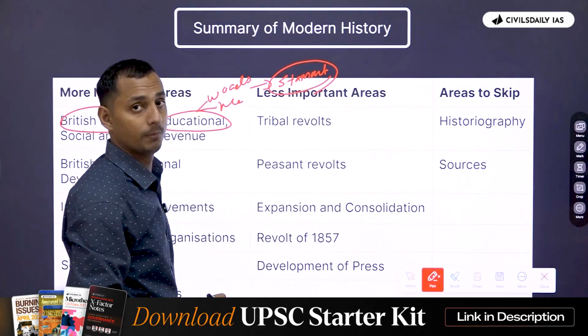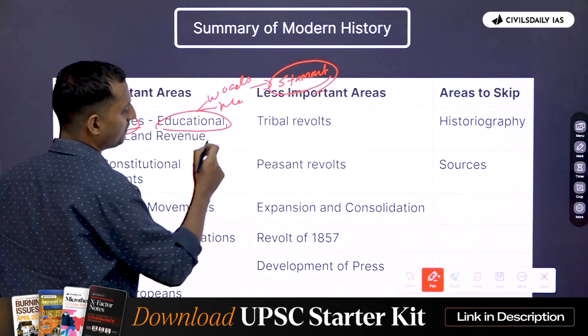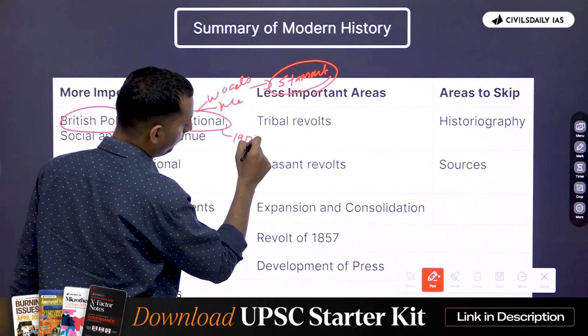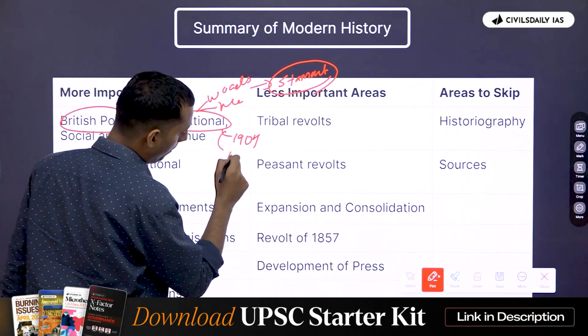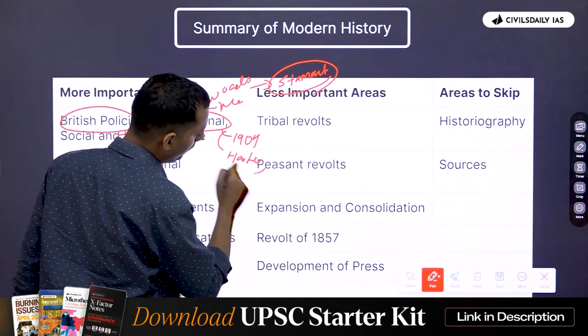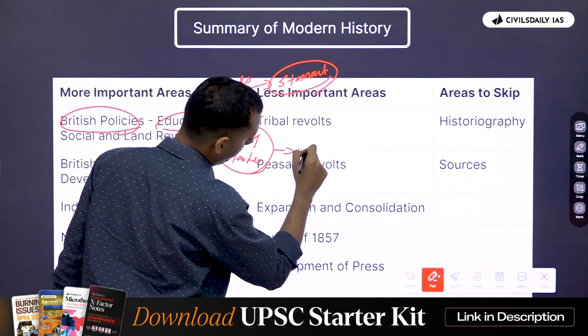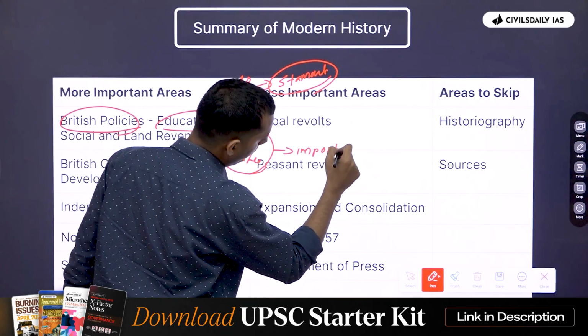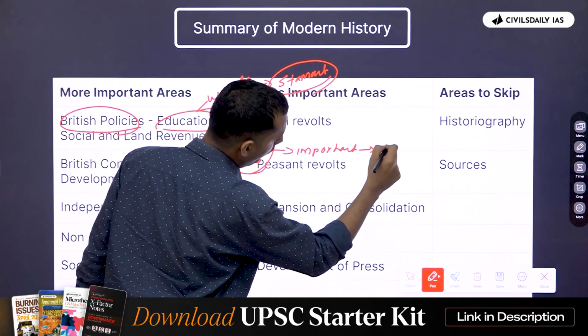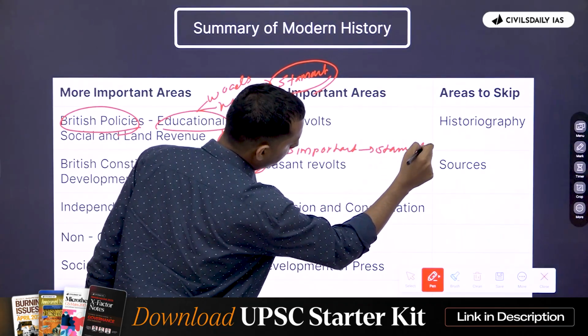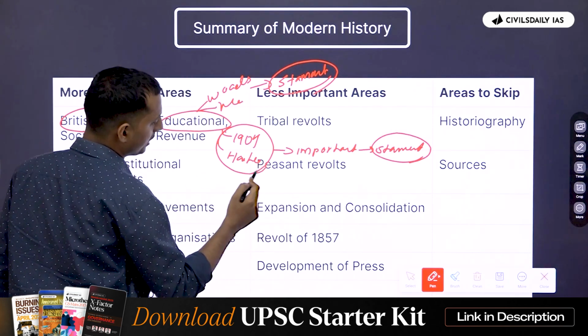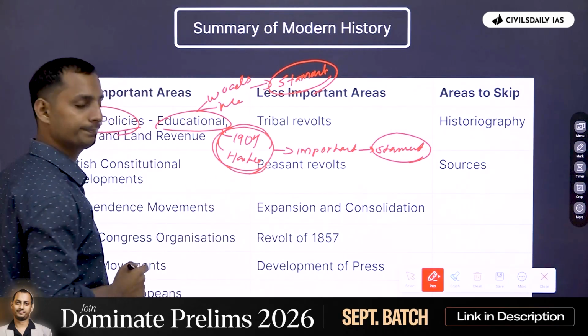But with respect to the Universities Act of 1904 and the Hunter Committee, know only the most important things, as statement questions won't be there. You just need to know the most important thing about these committees.